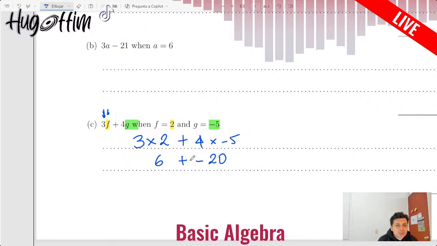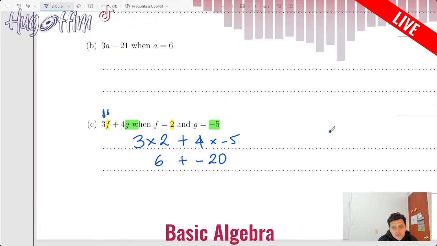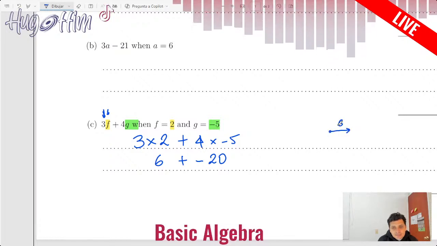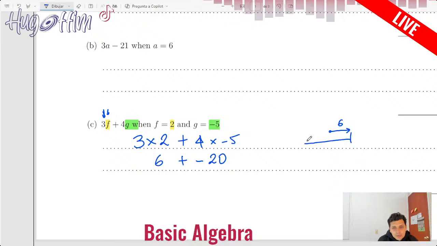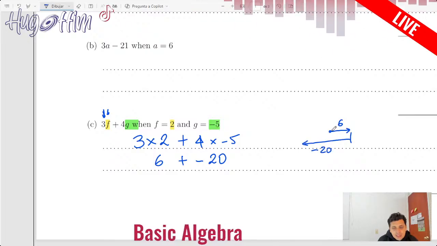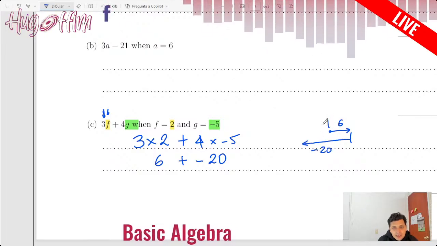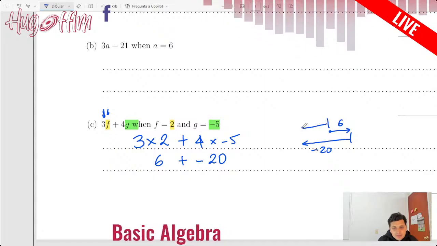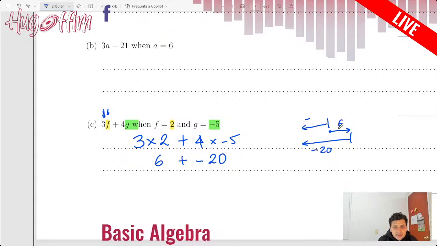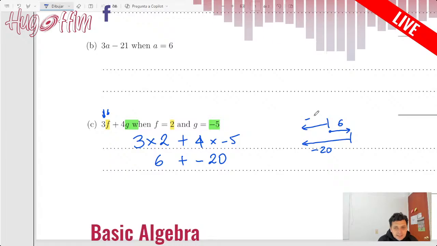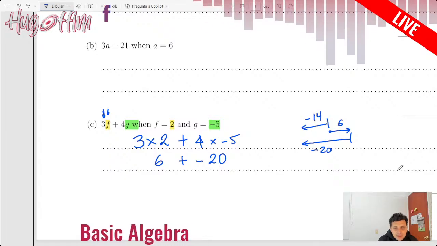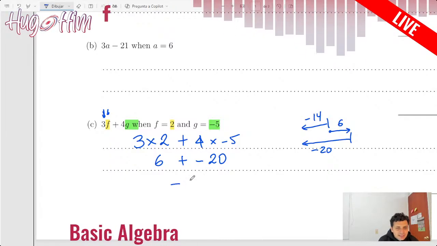And I just need to do 6 plus -20. Imagine that you have 6, then you add negative 20. The negative number completes 20 by 6, so the answer is going to be negative 14.